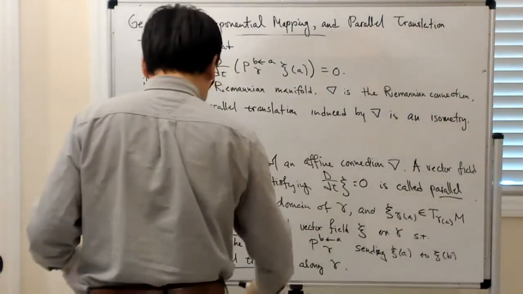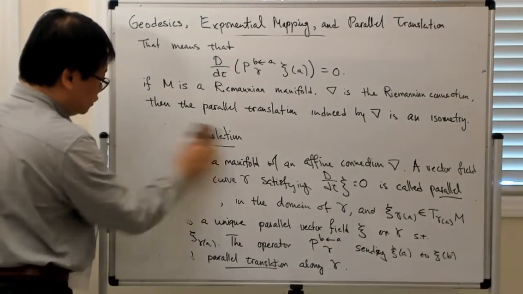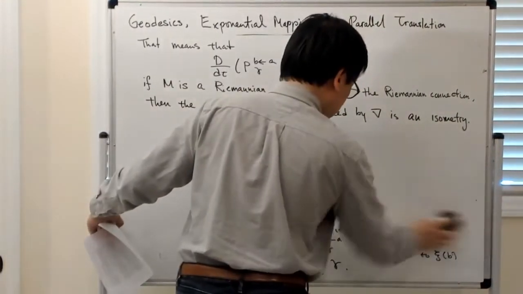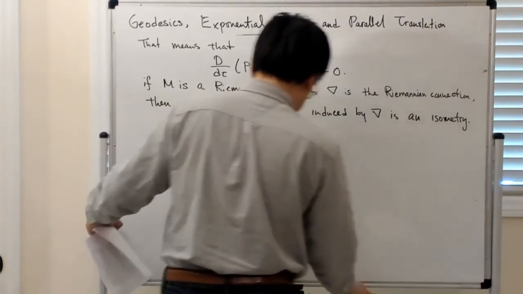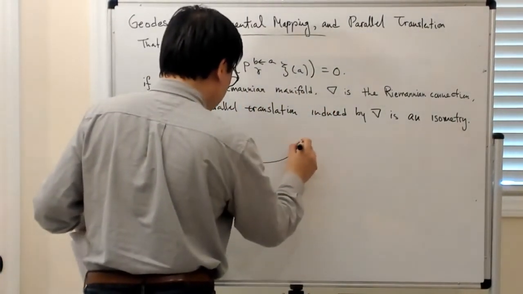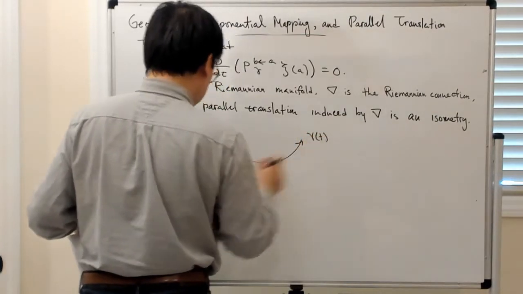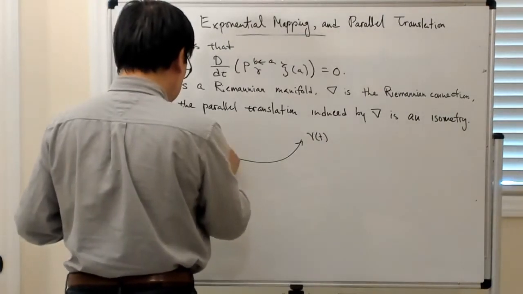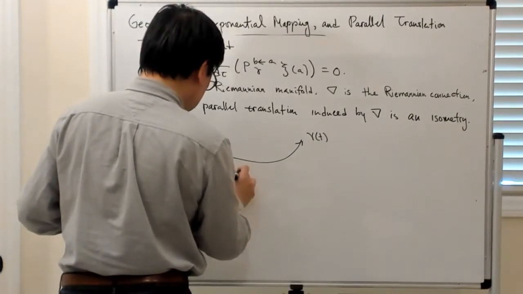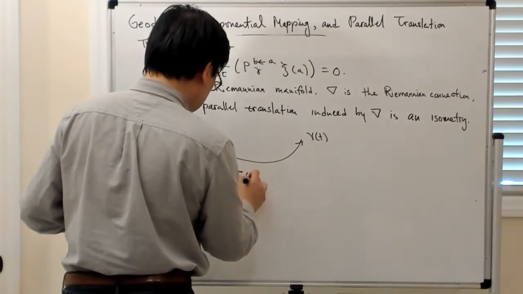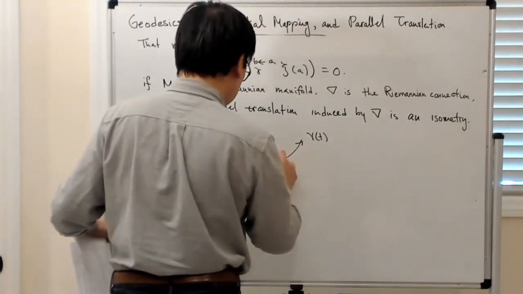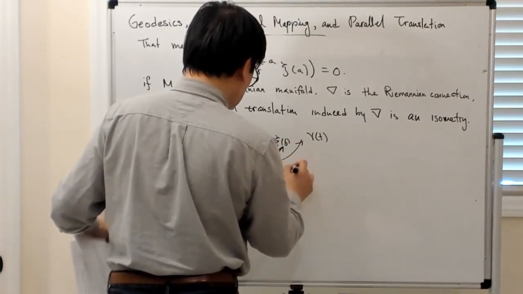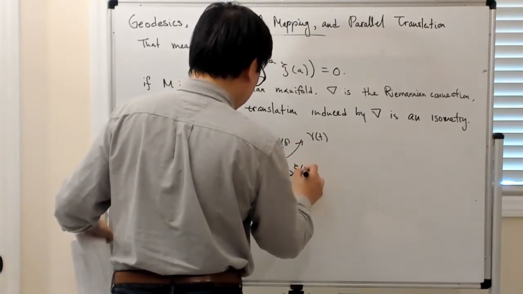What do we mean by that? Let me draw a picture for you. What I mean by this is the following. Say you have a curve, gamma of t, and you have two vectors, and you parallel transport, or parallel translate, them.